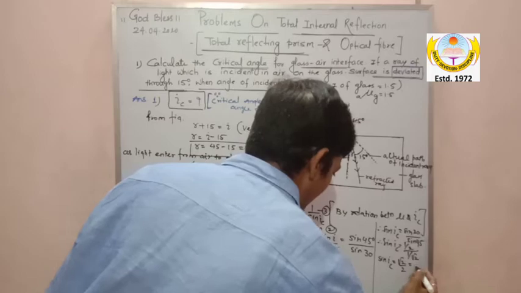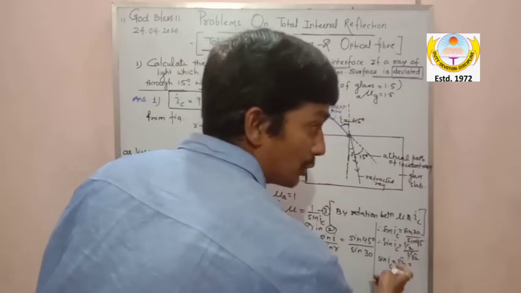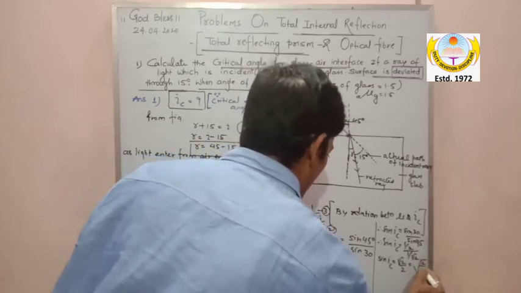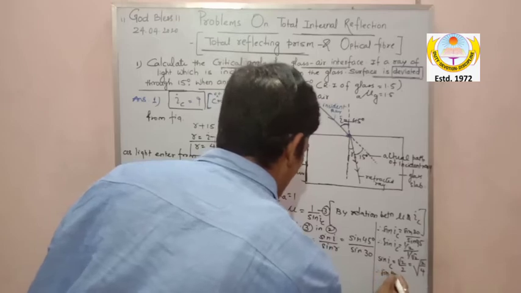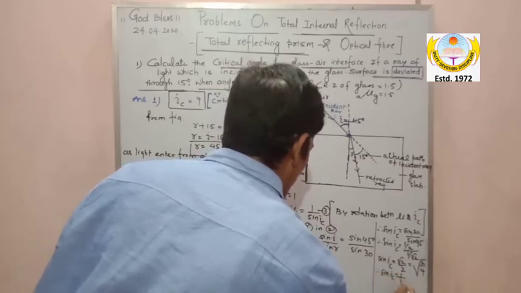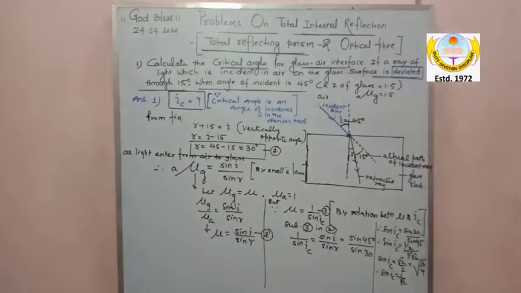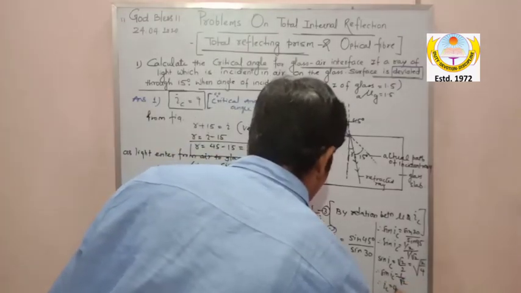Therefore sine IC will become 1 by root 2, and now my dear, you can say therefore IC is equal to 45 degree.